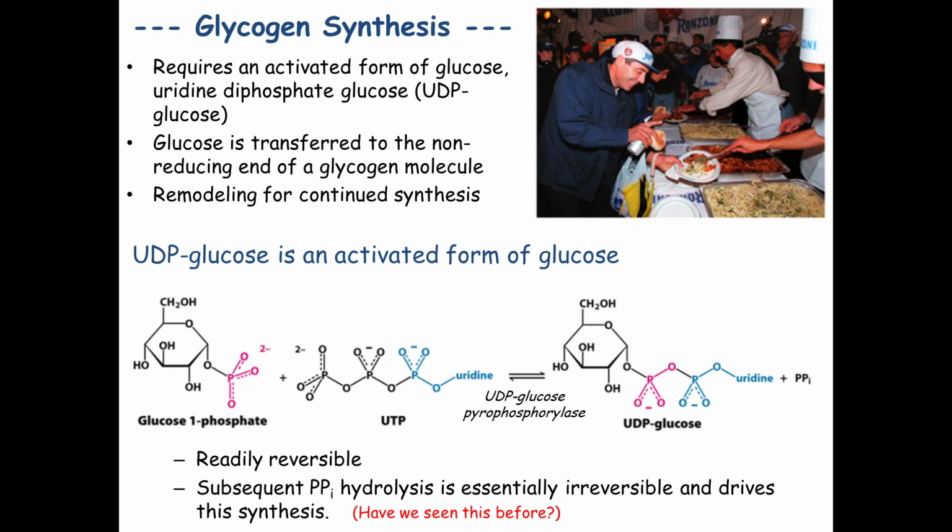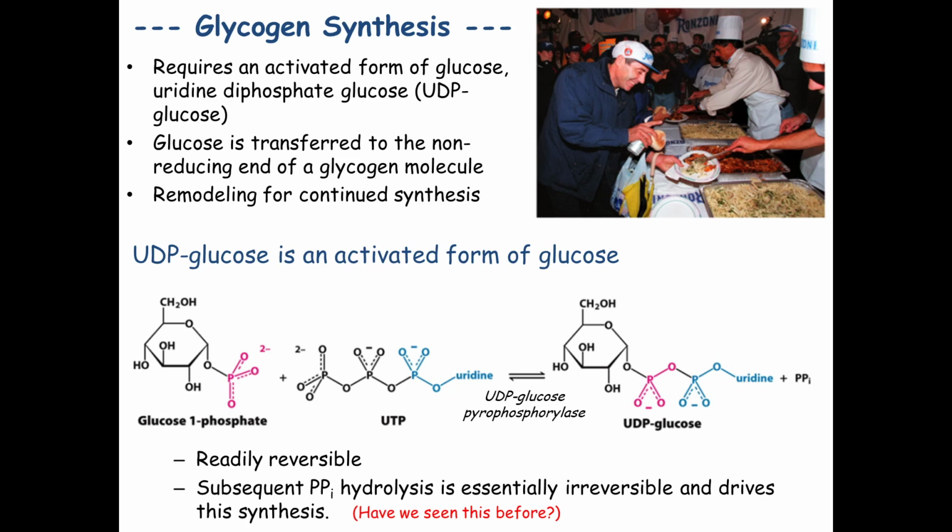Now I want you to track the phosphates with me. Glucose 1-phosphate shows up with one phosphate, and we colored it red here. UTP, obviously the T stands for three, so we have three phosphates. One colored in blue, two colored black. When I put these together, I'm calling it UDP-glucose. It sounds like the UTP lost a phosphate and it's connected to a glucose now, but that's not what happened.